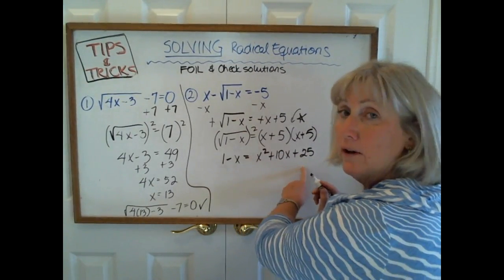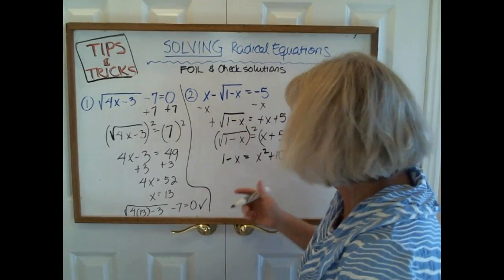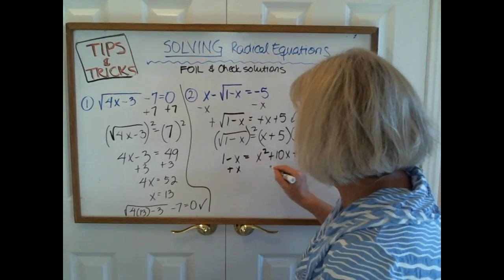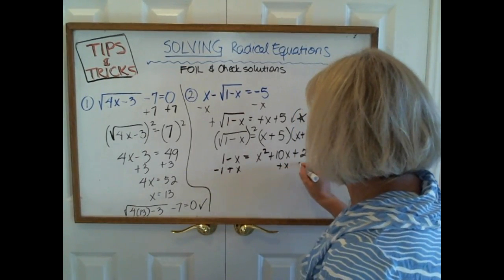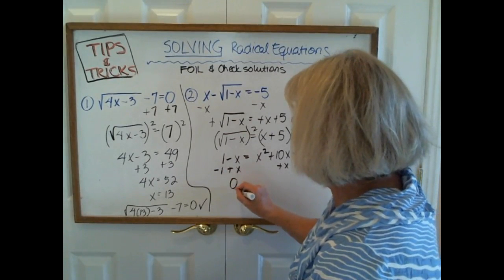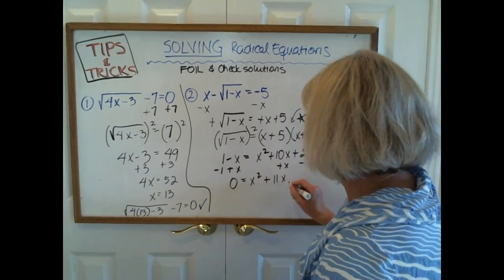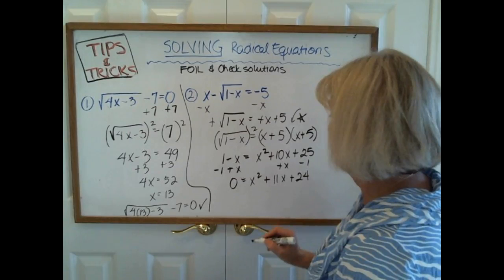And now this is a quadratic. And now we go back to where we solved quadratics. So we're going to add x to both sides, and then we're going to subtract 1 from both sides. So we're going to have 0 equals x squared plus 11x plus 24.